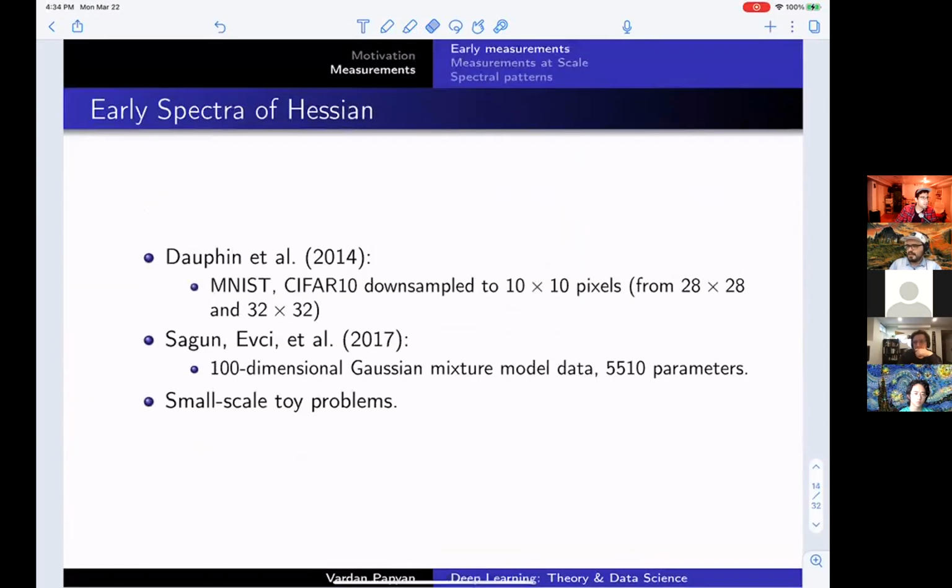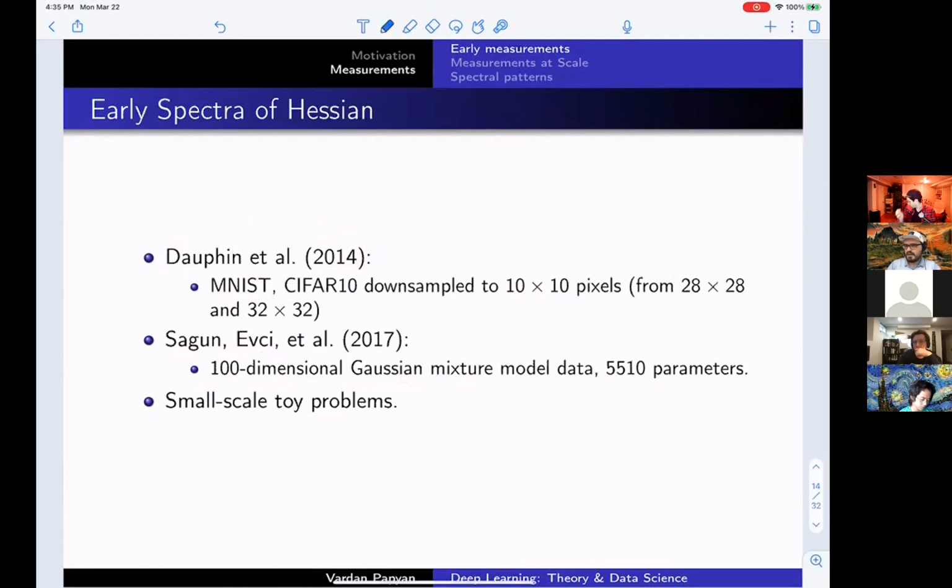For example, one is by Dufin et al. They look at the MNIST and CIFAR data downsampled to 10 by 10 pixels. And in one of the measurements by Sagun, they considered a 100-dimensional Gaussian mixture model with a network with 5,000 parameters. So these are essentially very small scale toy problems, right?